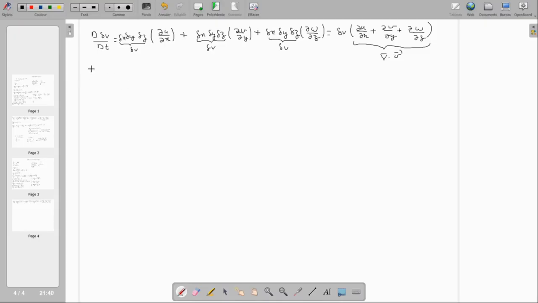So d delta v over dt equals delta v times the divergence of the velocity.